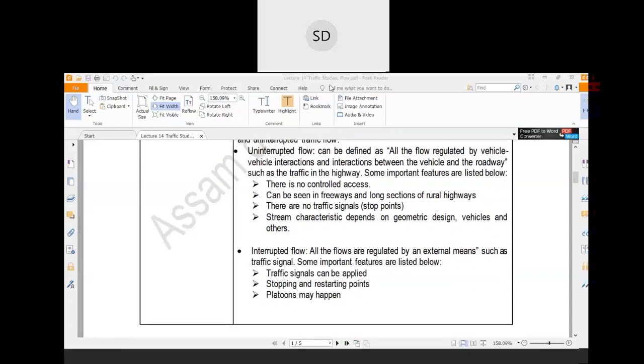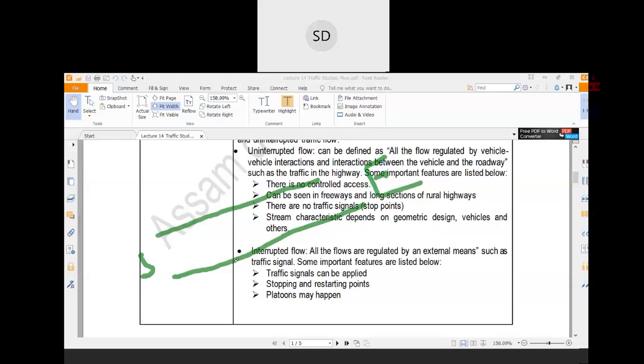Now coming to the next portion, interrupted flow. In interrupted flow, there would be a huge number of vehicles and different control accesses to the highway. Control access means the different paths through which you can access a highway. Suppose this is a highway with a starting point and an ending point, and in between you cannot access the highway.